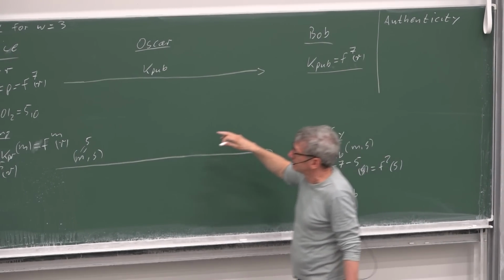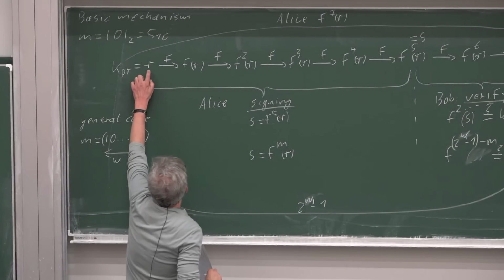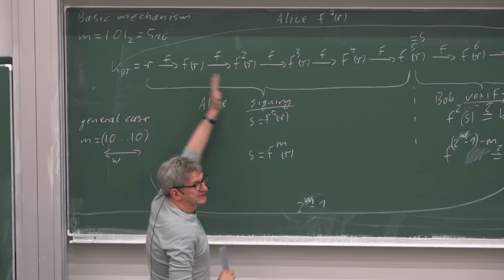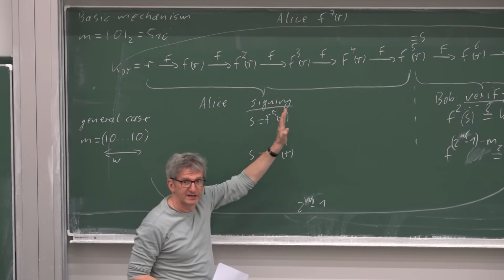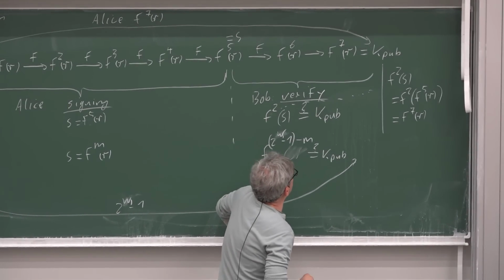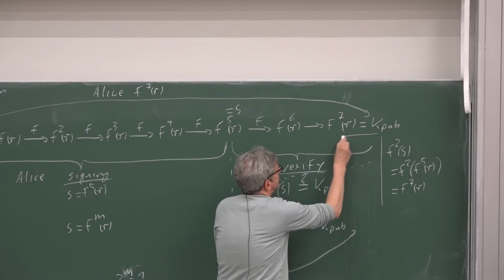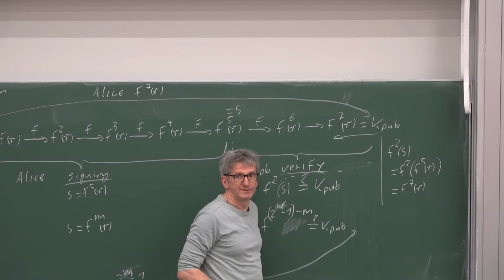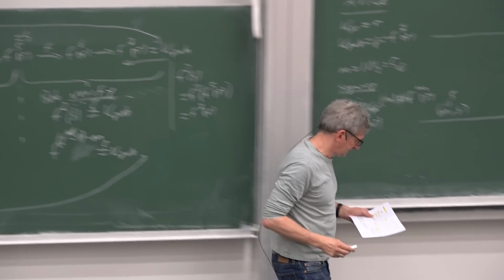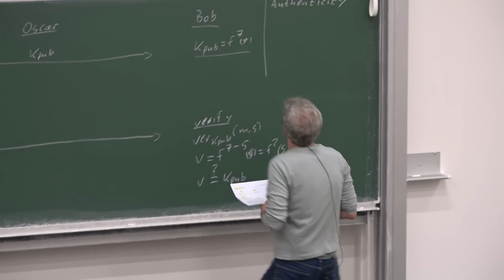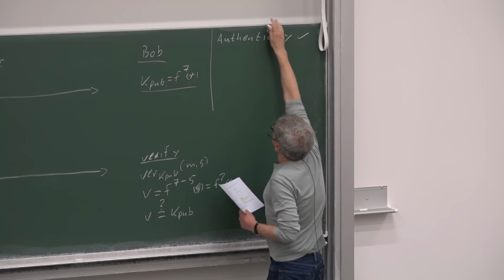For the signature generation, Oscar would need R here, right? You have to hash R. You can't do that. And what you cannot do, given K public, you can't go in this way, okay? So we have user authentication.